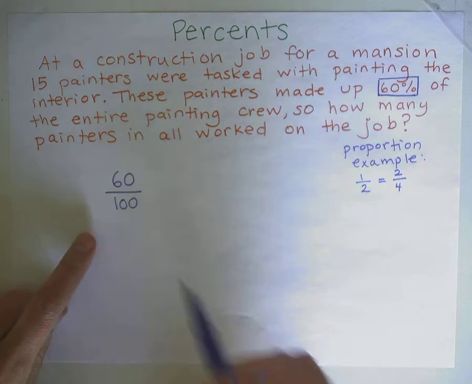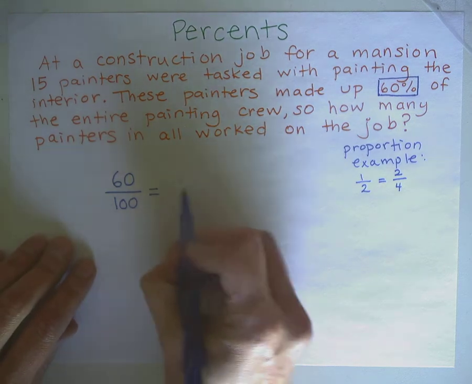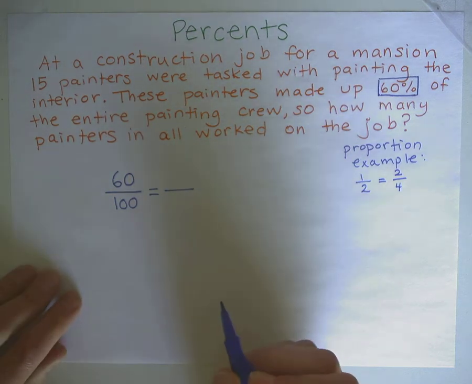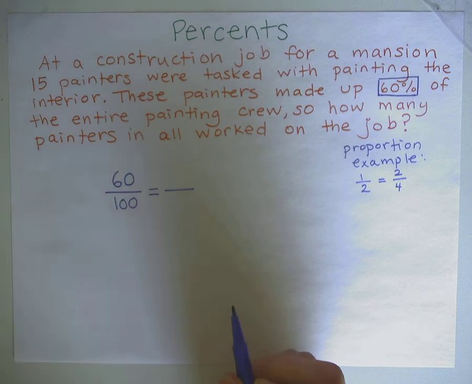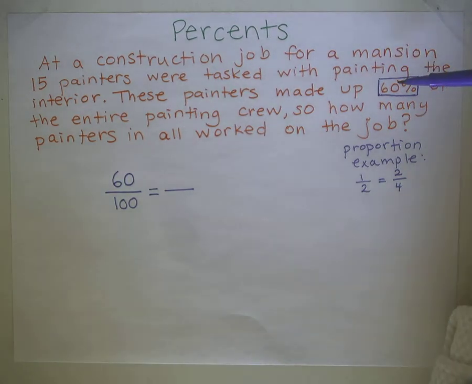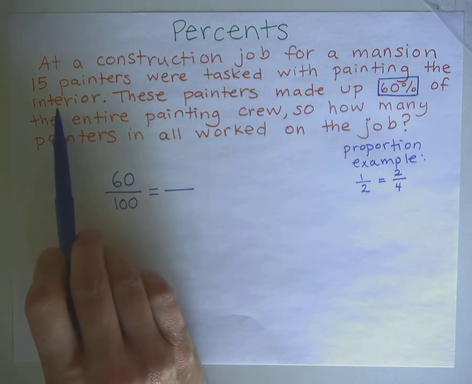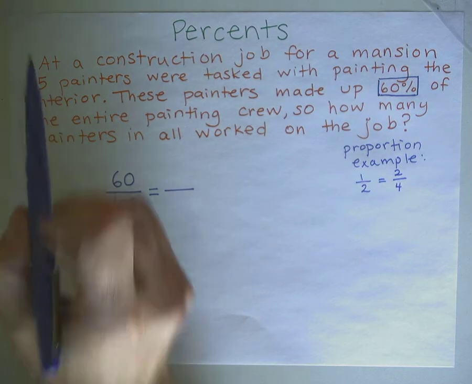Okay? So I want to make this equal to something so that I can figure out how many painters there were altogether. So, in this problem, it says that 60% of the painters were tasked with painting the interior, and that was 15 painters.